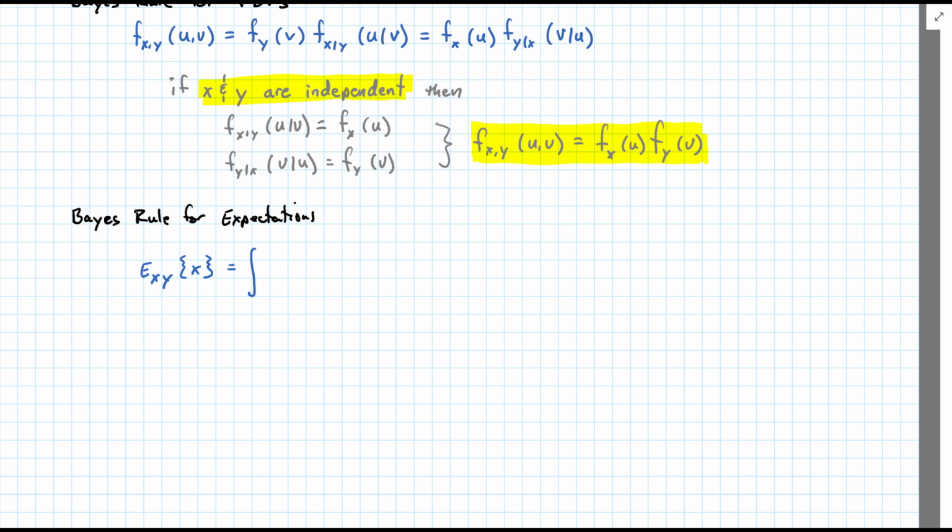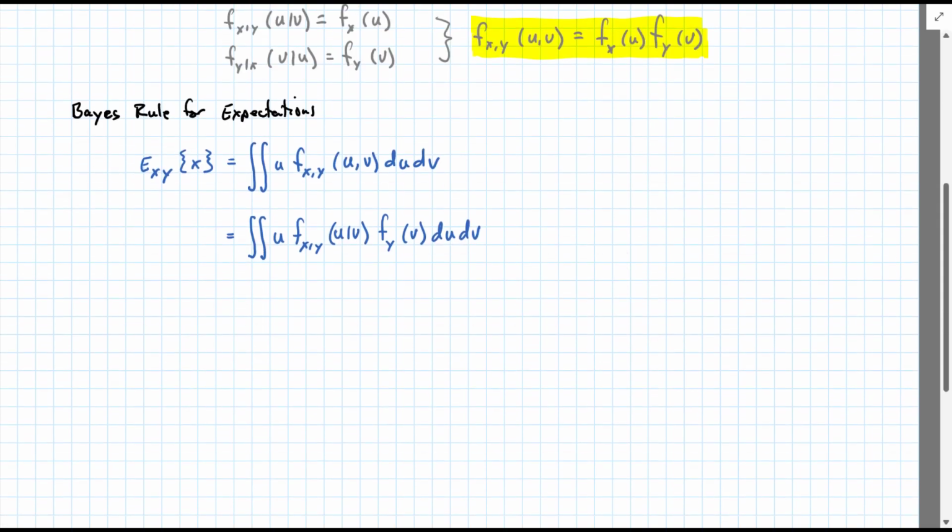And we can write that as an integral of x times f_XY, with respect to our variables of integration, like so, by definition. Using Bayes' rule now, we can expand this out in this manner.